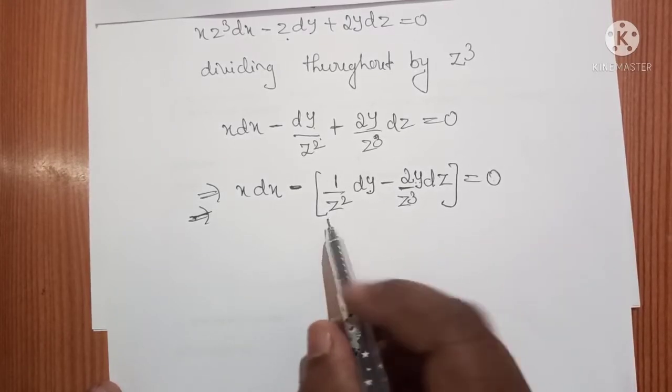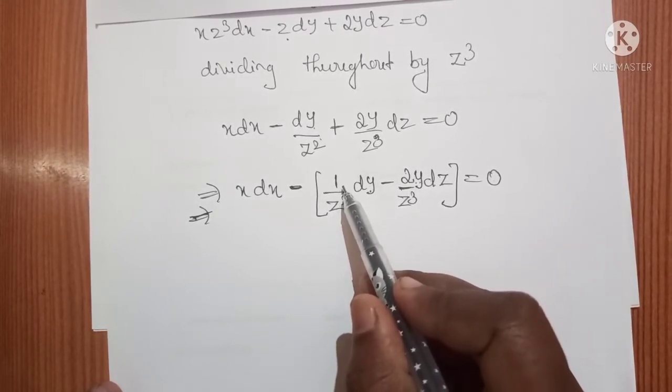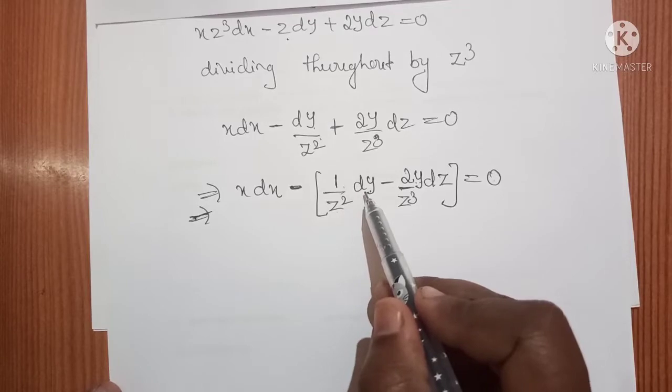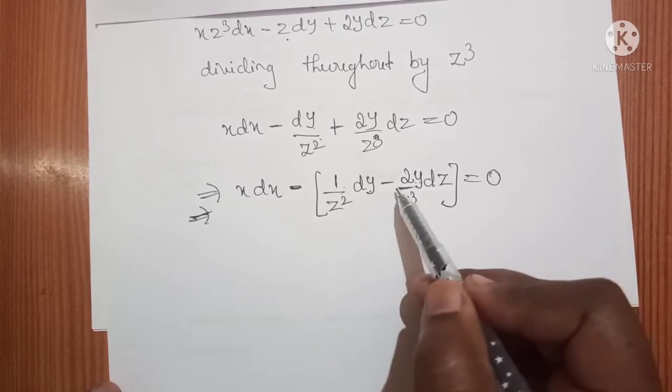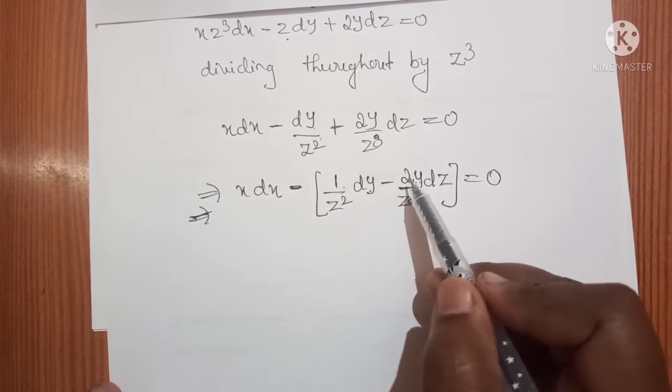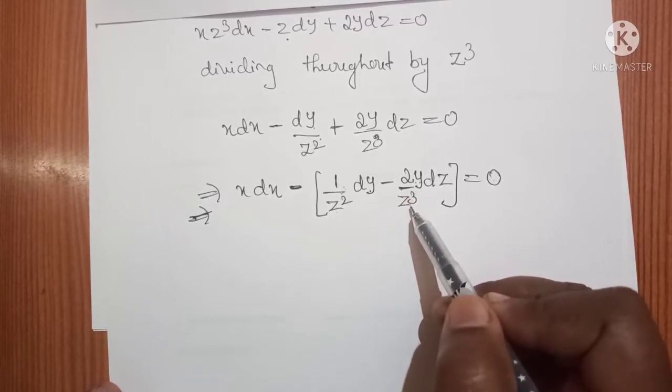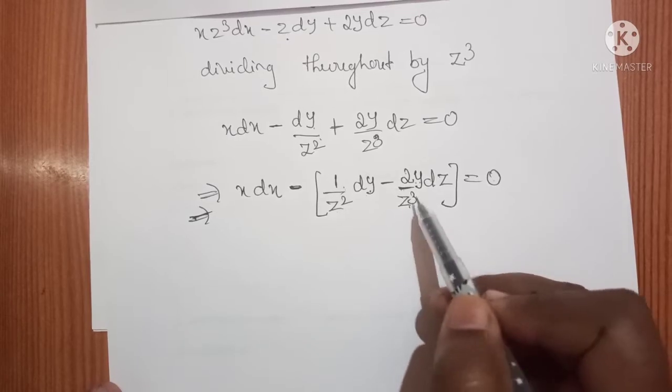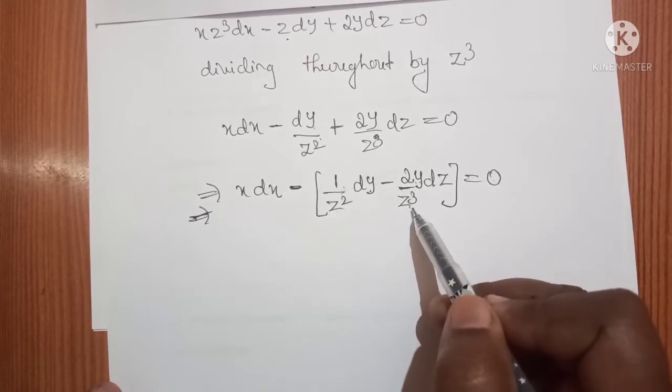Now you can observe that 1 by z square as it is, y differentiation is dy. Next, y as it is, 1 by z square differentiation is minus 2 divided by z cube.